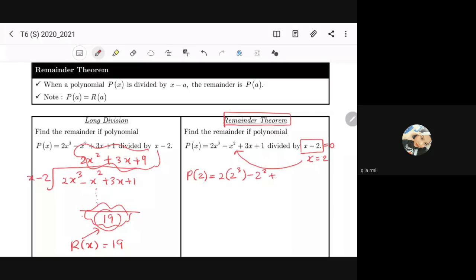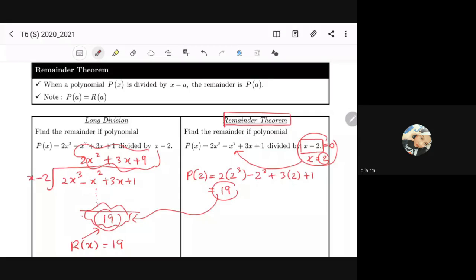And if you try to calculate using your calculator, you will get the answer 19, which is the same as the remainder by using long division. Okay, so nak senang cari remainder, we set denominator, we set divisor equals 0 and we substitute that number into the polynomial.